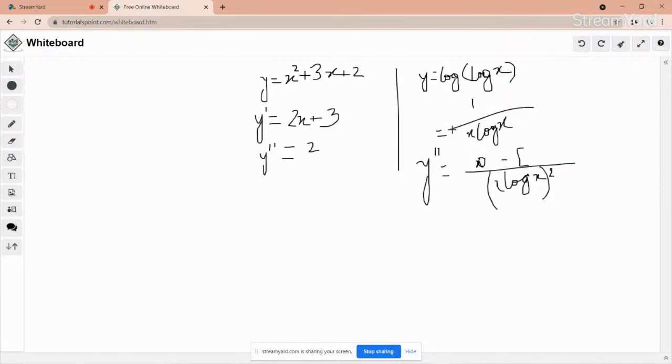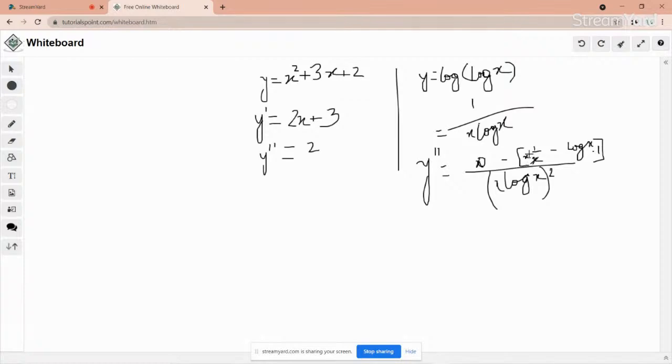So how to use the product rule? x constant, 1 by x, because differentiation of log x is 1 by x, minus, okay, log x constant, and differentiation of x is 1 with respect to x.